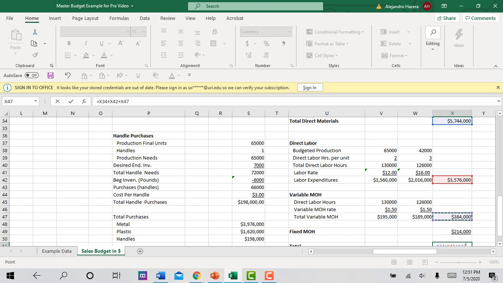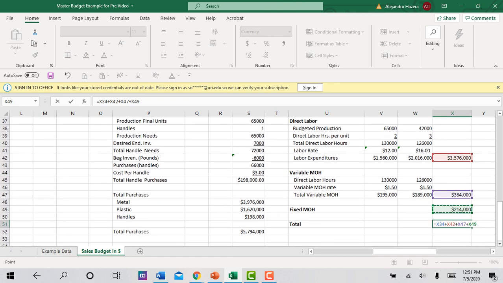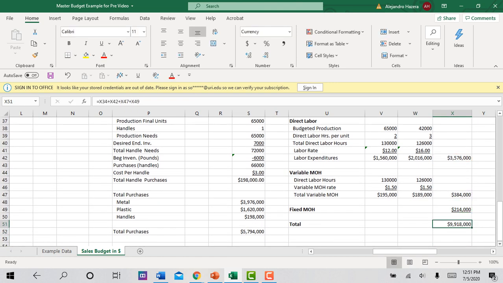Our variable manufacturing overhead, our indirect labor, indirect materials, electricity and all that, is $384,000. And our fixed manufacturing overhead, such as rent and the premium on the insurance contract, is $214,000. So our total costs that go into manufacturing are $9,918,000.